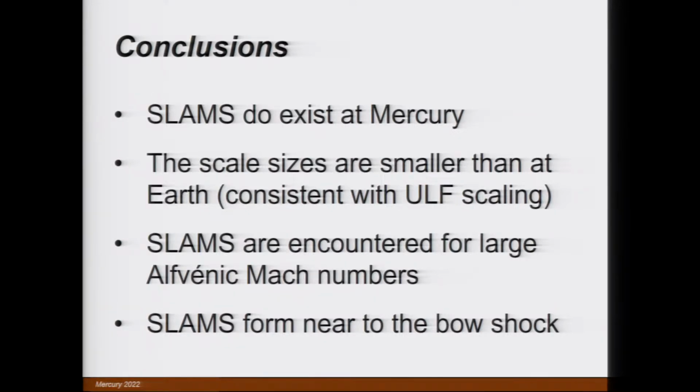And they are smaller than on Earth, probably simply because the pre-existing ULF wave field has shorter wavelengths. And okay, you have to trust me on this, they seem to form very near to the bow shock, nearer than they would at Earth.